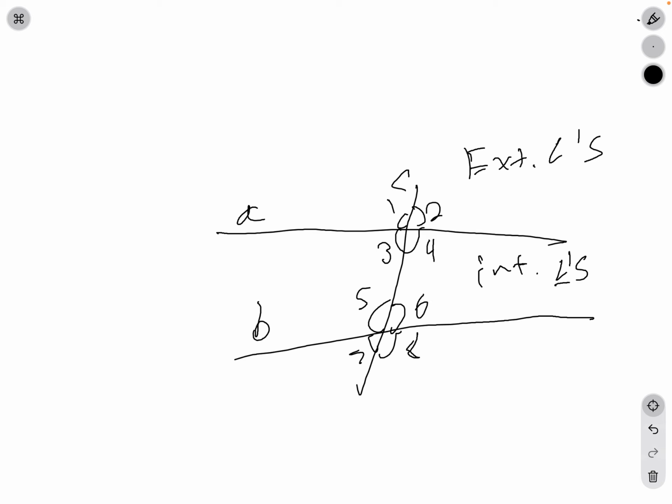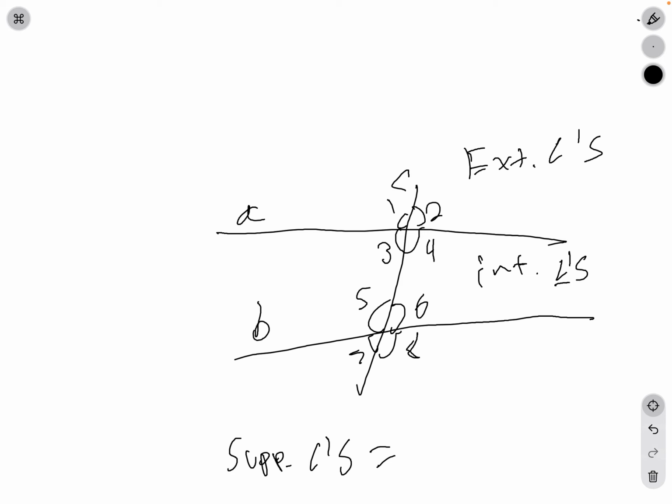Now, let's get something off first. Supplementary angles are when two angles are equal to 180 degrees. What that basically means is that two angles equal a straight line.